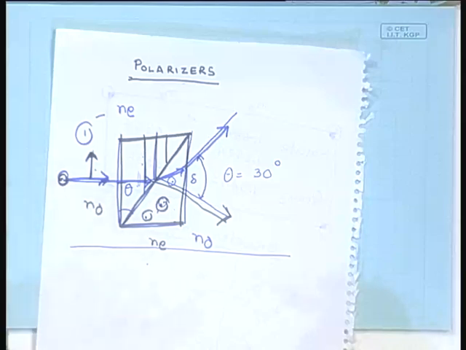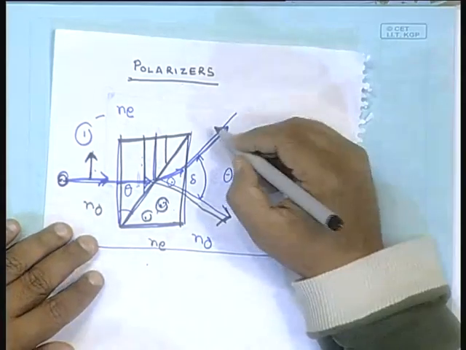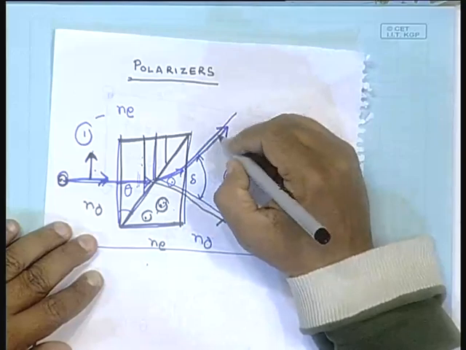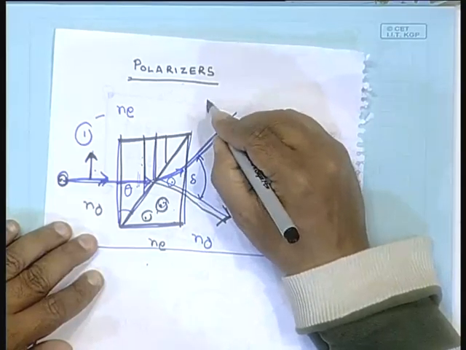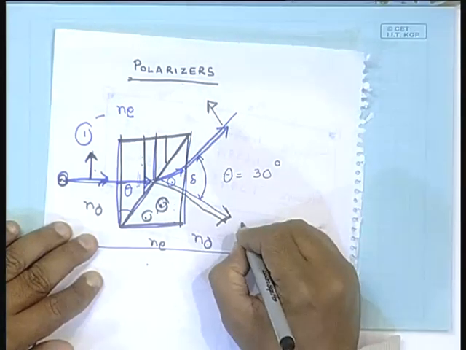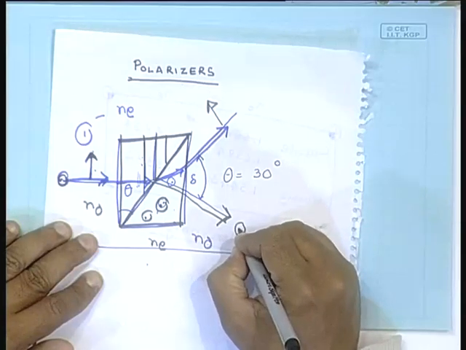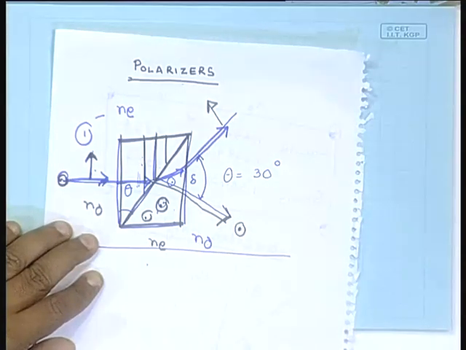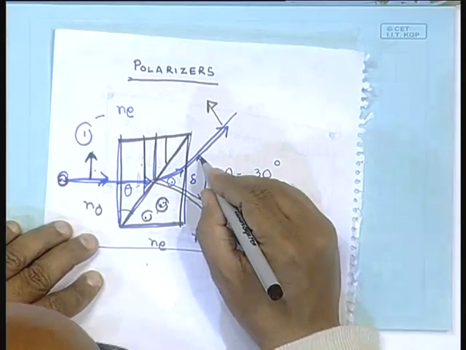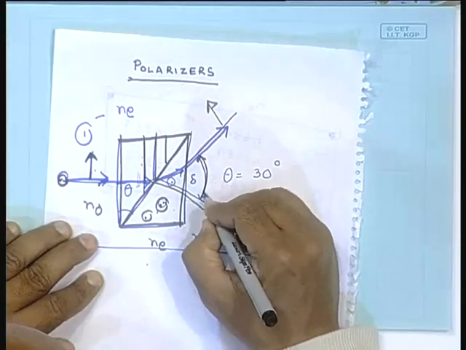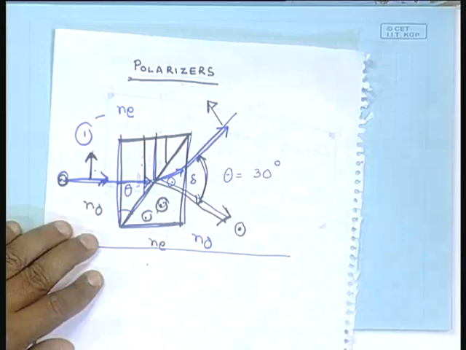So, you see two images of the same source, and this ray that comes out is going to be polarized in this fashion, and this ray that comes out is going to be polarized in this fashion. The problem here is to determine this angle between these two rays that emerge.